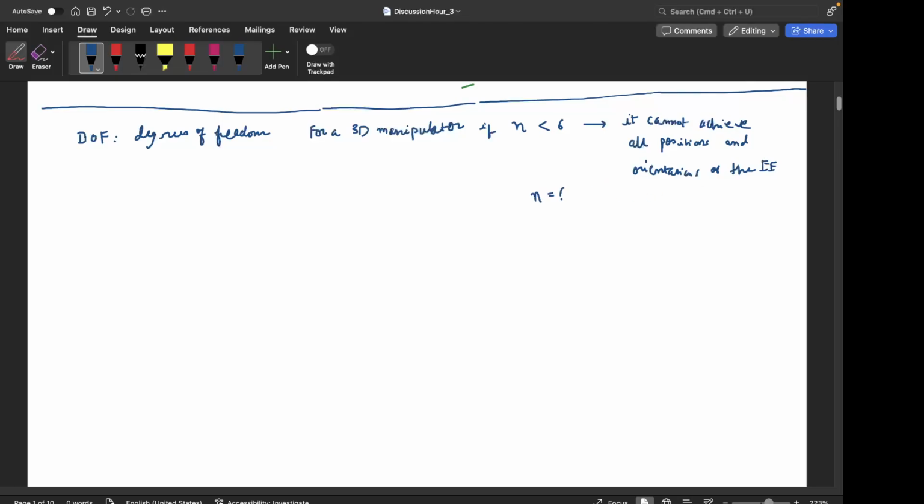If n is equal to 6, then it can achieve all positions and orientations. And if n is greater than 6, then also it's possible, and it's called a redundant system.